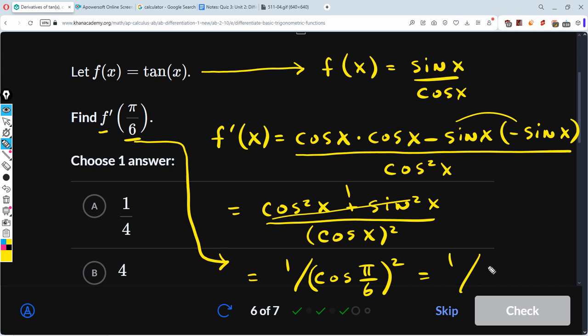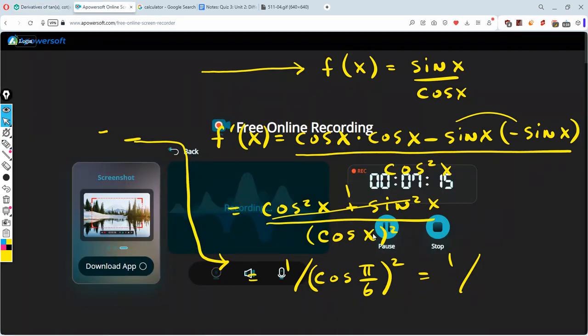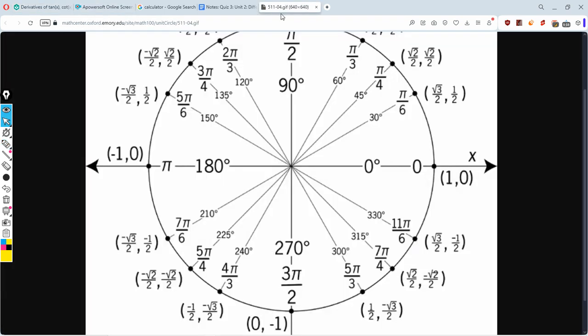Okay, here's pi over 6 right here, and the cosine is the x-coordinate. All right, so cosine of pi over 6 is going to be radical 3 over 2.